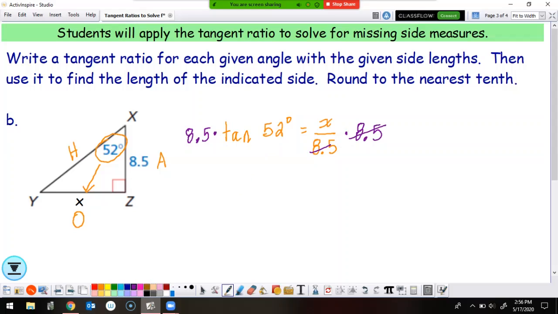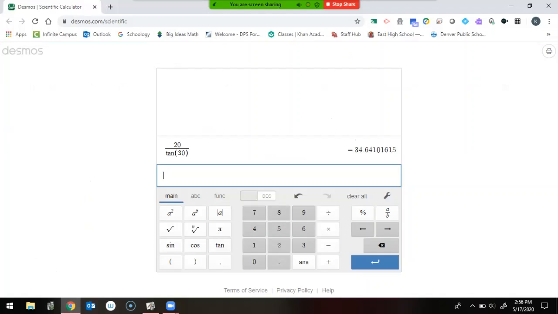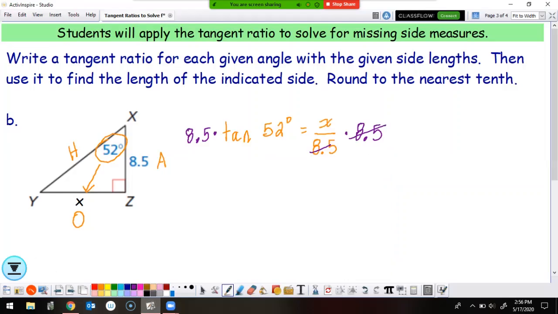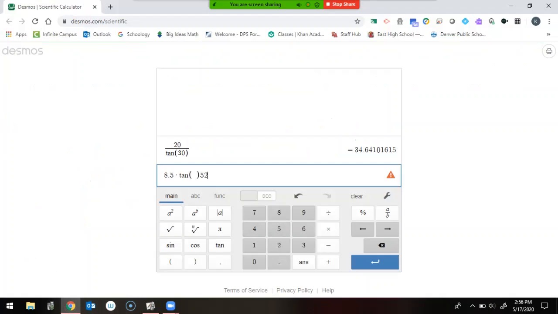So we can go to our Desmos calculator again, and we had 8.5 times tangent, and I just need to double check the measure of that angle, 52 degrees. 52. Oops. As you can see, my angle did not end up in the parentheses, so I need to back up, put my cursor inside the parentheses, 52, and enter.